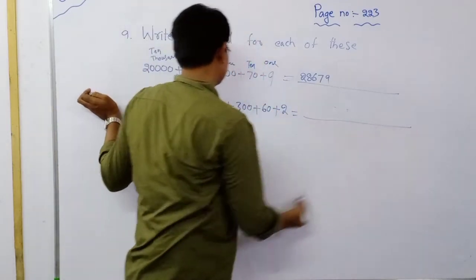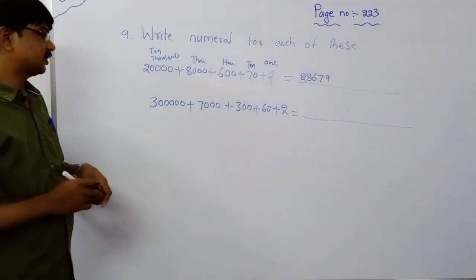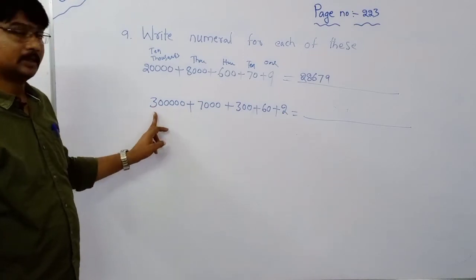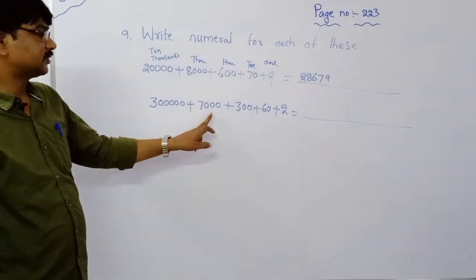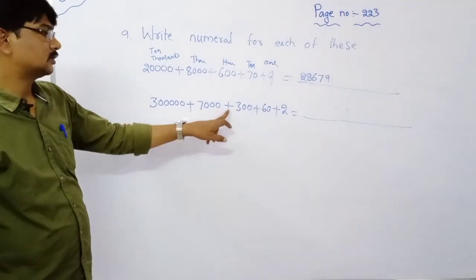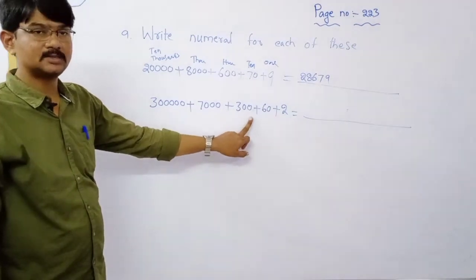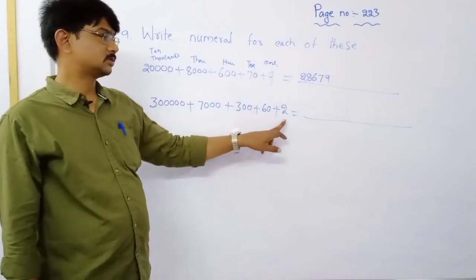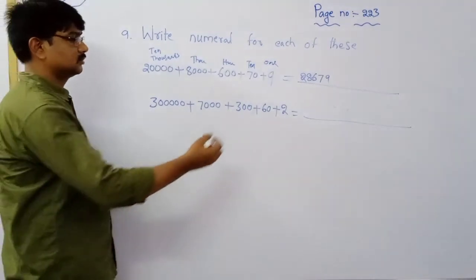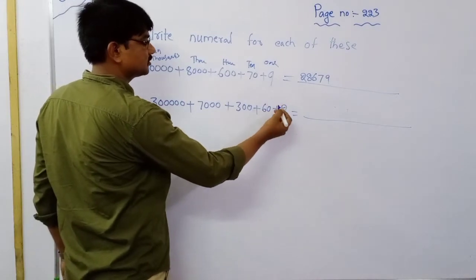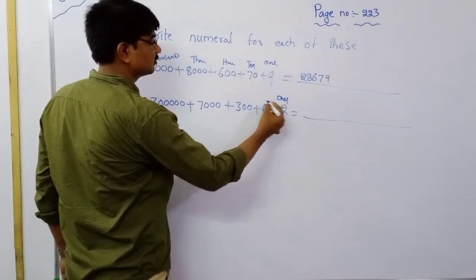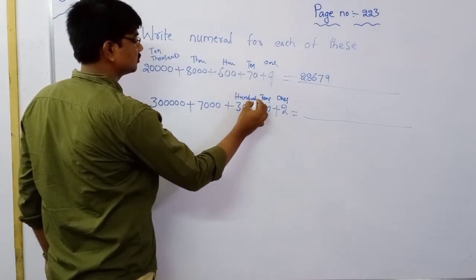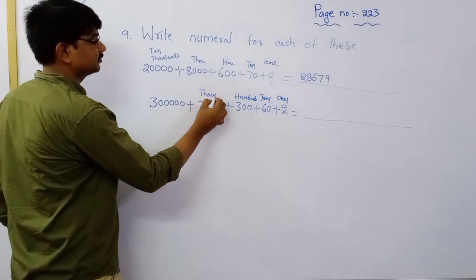Okay, children, look at the given numbers. 3 with 5 zeros, it means 3 lakh. 7 with 3 zeros, 7,000. 3 with 2 zeros, it is 300. 6 with 0, 60, plus 2. Let us locate the places. Ones, tens, hundreds, this is thousand.